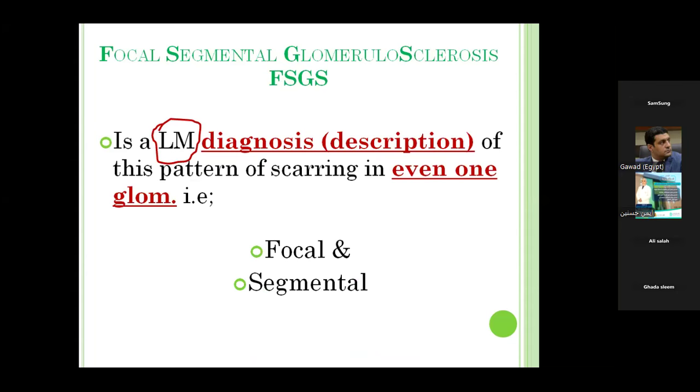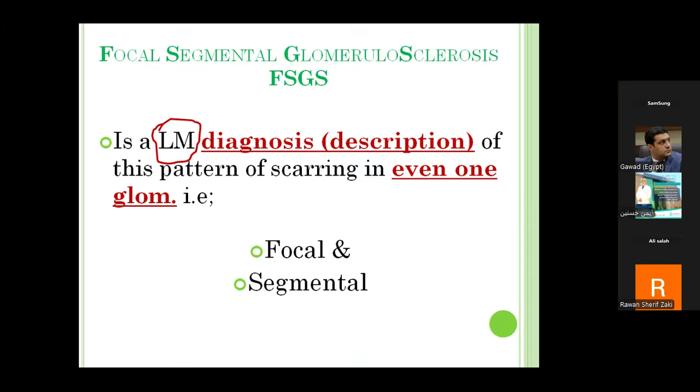On the other hand, what is focal segmental glomerulosclerosis? Let's define it. Focal segmental glomerulosclerosis is a light microscopic diagnosis, or a light microscopic description of the pattern of scarring in even one glomerulus.